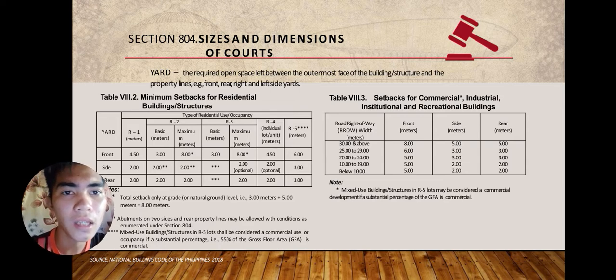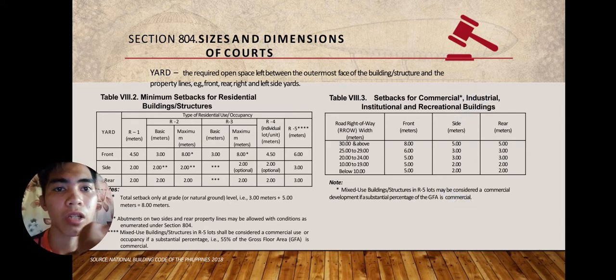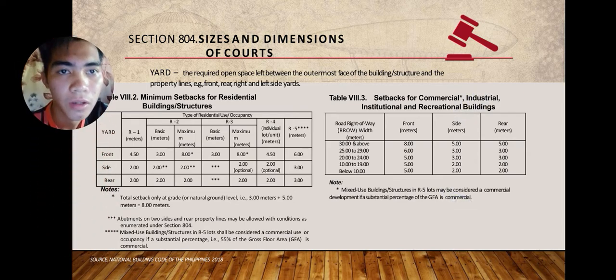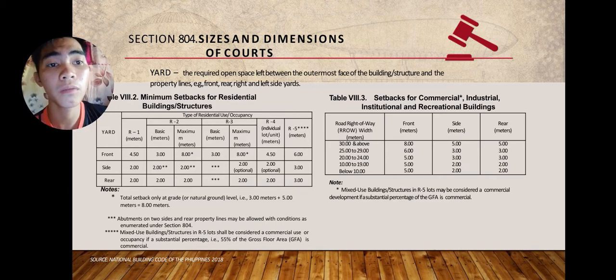First is the table, minimum setback for residential building structures. Note, total setback only at grade or natural ground level is 3 meters plus 5 meters equals 8 meters.